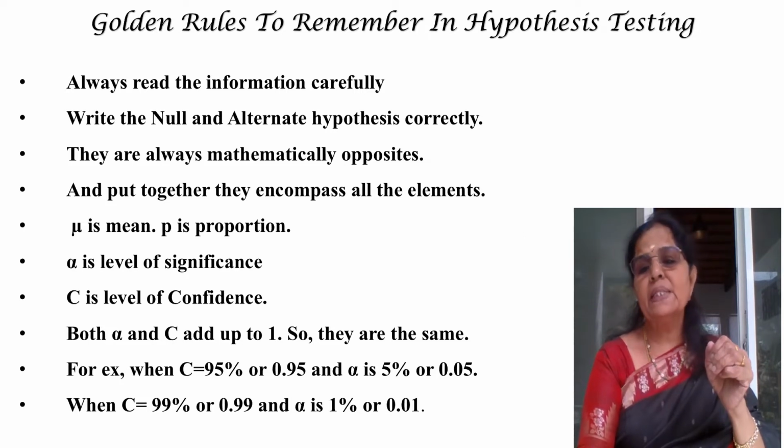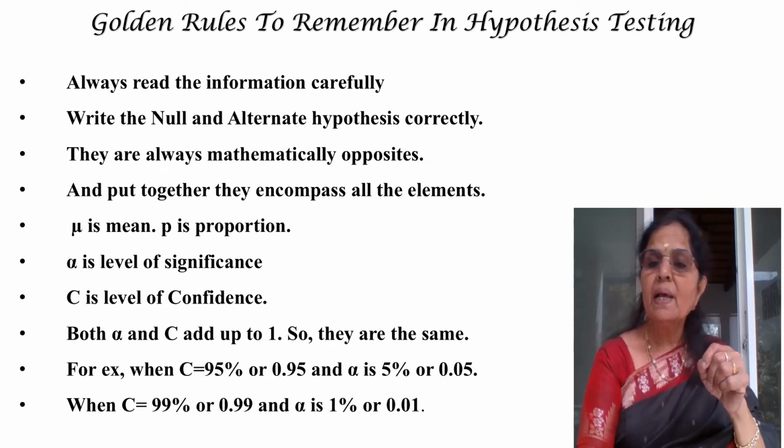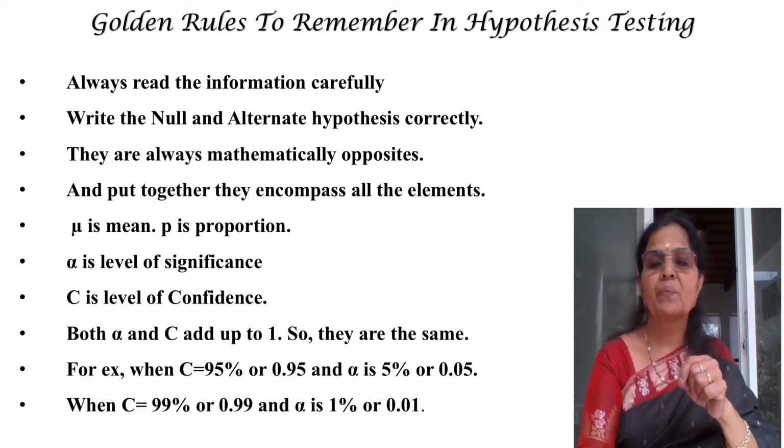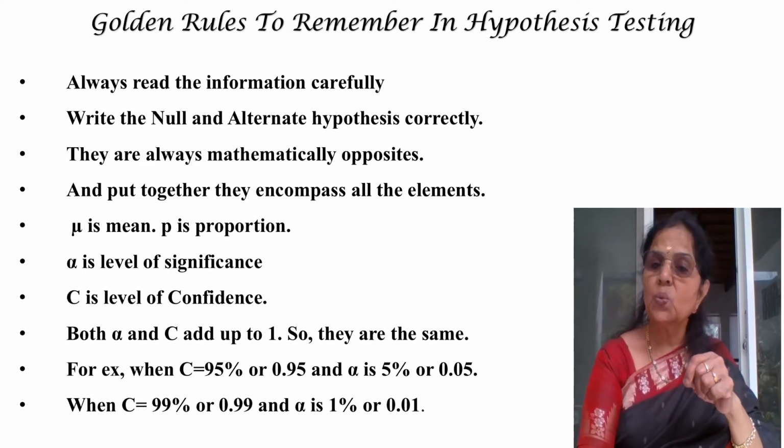For example, when we say the level of confidence C equals 95% or 0.95, the level of significance or alpha is 5% or 0.05. Another example, when we say the level of confidence is 99% or 0.99, the level of significance, that is alpha, is 1% or 0.01.